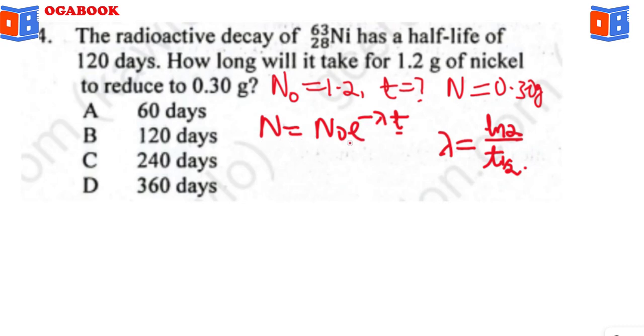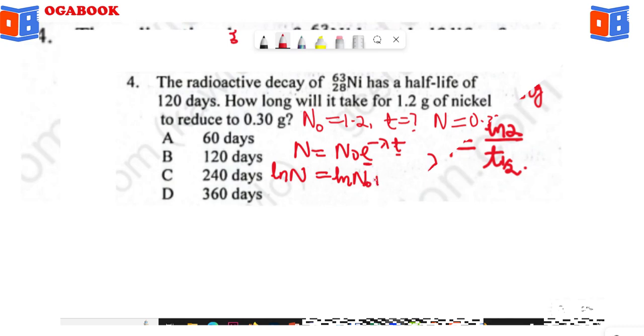To remove this exponential sign, we'll take the natural logarithm on both sides. We're going to have ln N equal to ln N0 plus minus lambda T. Simplifying will give us minus lambda T equal to ln (N divided by N0).